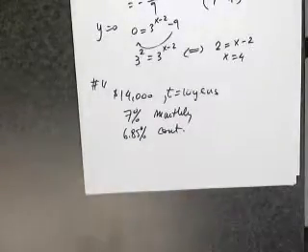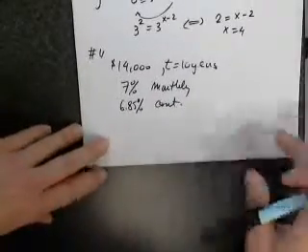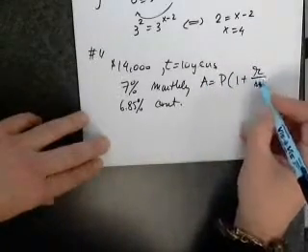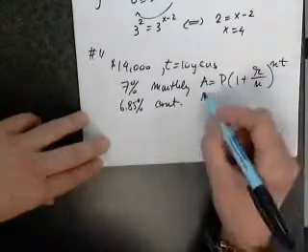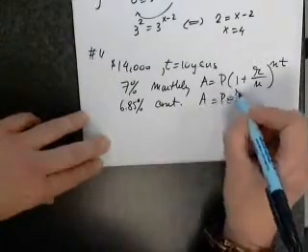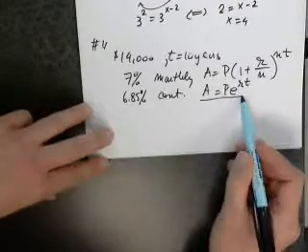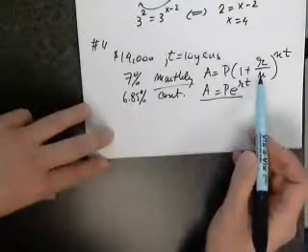These two formulas will be given to you. So here they are: A equals P times (1 plus r over n) to the nt, or A equals P e to the rt. This is for continuous, and this is for monthly.